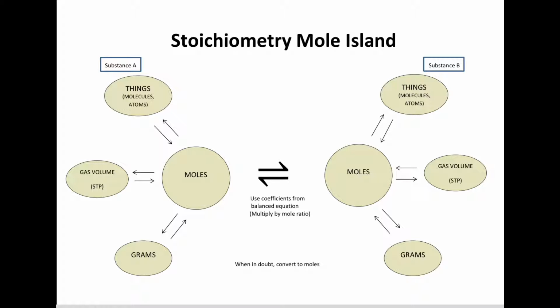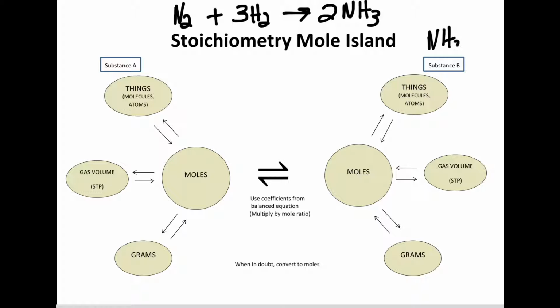I'm going to put my balanced equation at the top. So here's my balanced equation, and just to keep everything equal, my ammonia is on this side, so I'm going to keep my ammonia on this side. And we're looking for hydrogen gas, which is on this side, so I'll put it over there.